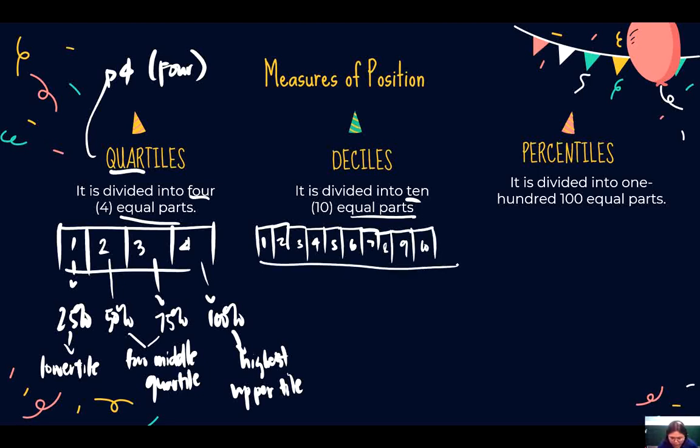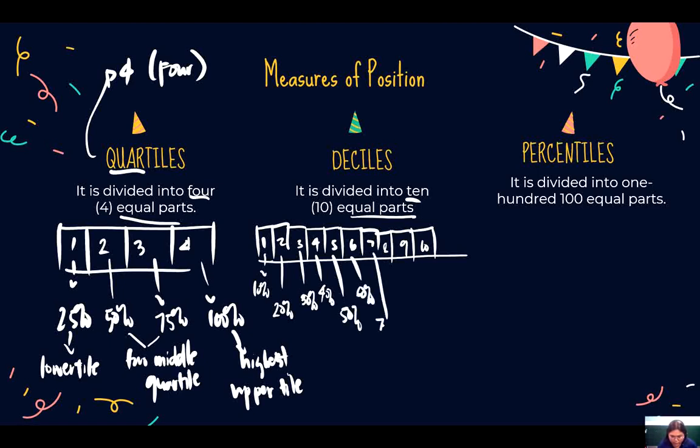So here, this is 10%, 20%, 30%, 40%, 50%, 60%, 70%, 80%, 90%, and 100%. That's decile.